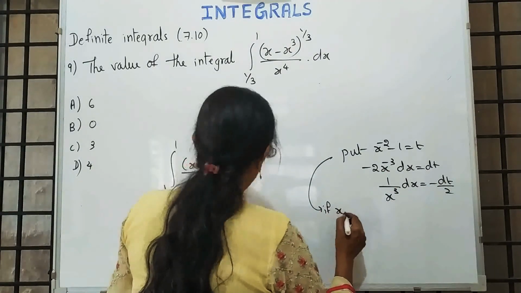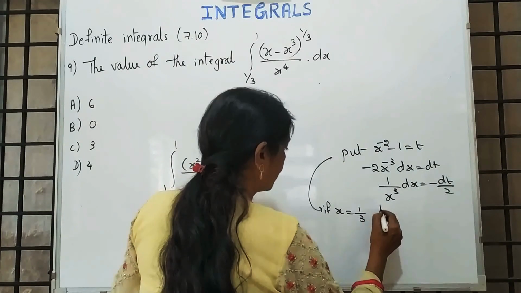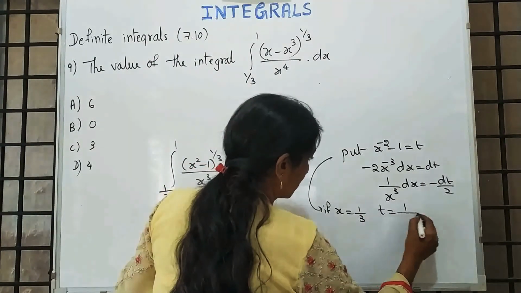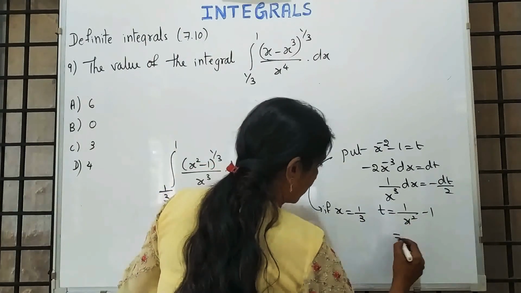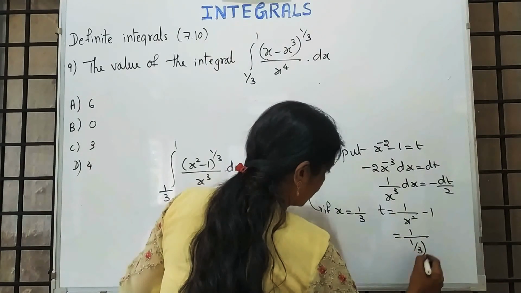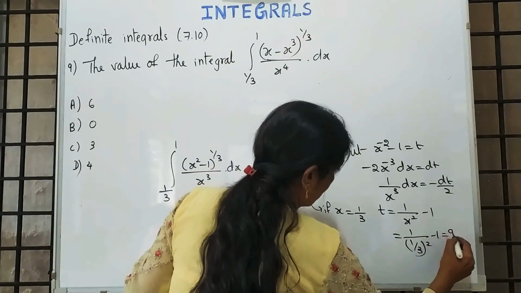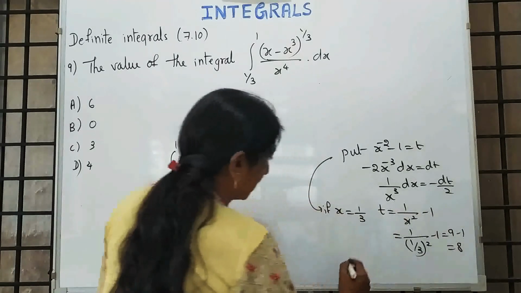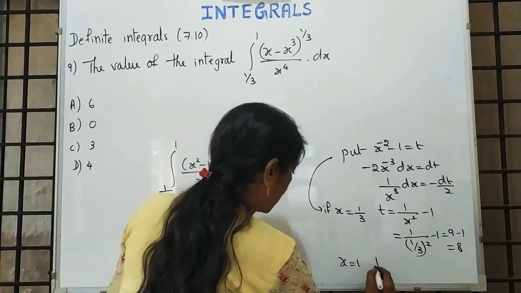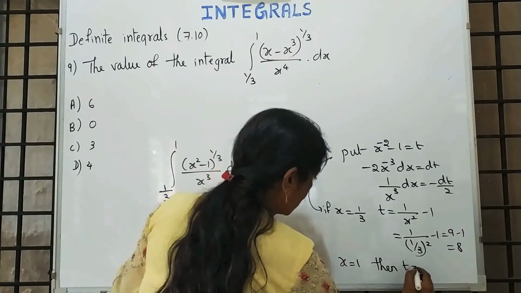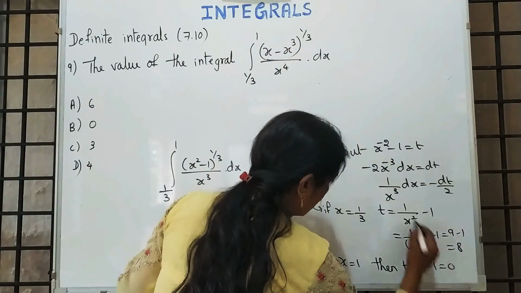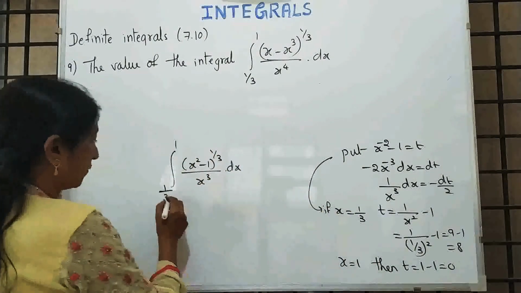Next, if x is 1 by 3, t is 1 by x square minus 1, 9 minus 1, that is 8. If x is 1, then t is 1 minus 1, 0. 1 upon 1 square is 1, 1 minus 1 is 0.